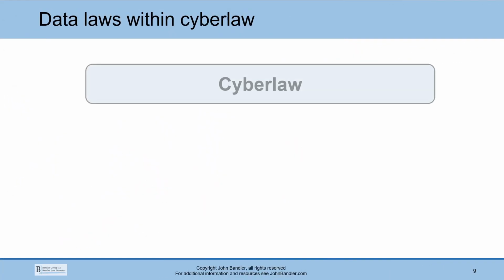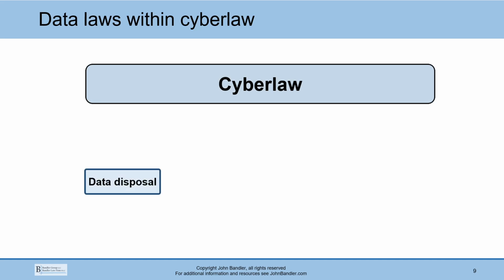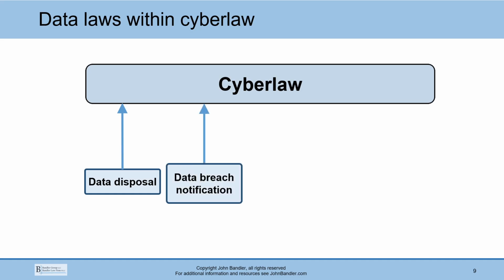Then there are data laws within cyber law. Data laws to know about are data disposal laws or secure data disposal laws. Data breach notification laws, meaning if a company is breached, personal information is accessed, they have a legal duty because of that data breach notification law to notify those consumers and the government. There are cybersecurity laws.